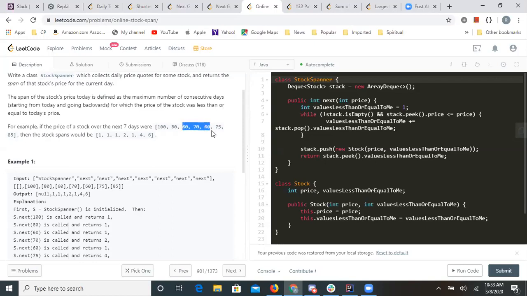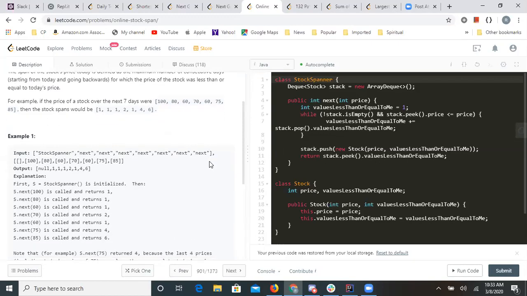So up to this one. So this will become 4 because you include 75 also and these three guys. So that's why it's 4. For 85, the same thing. You can go from here all the way up to 80. So it's 6 values.